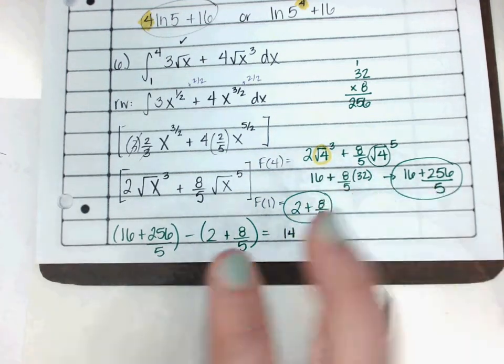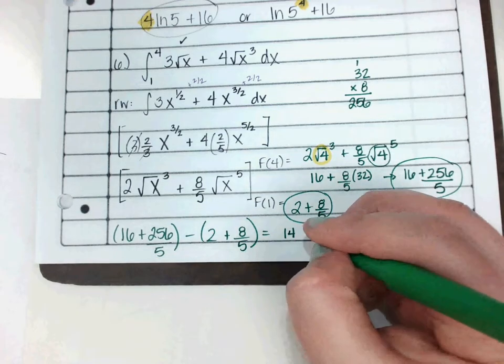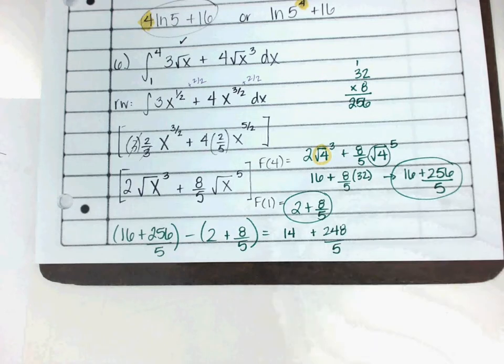And then what is 256/5 take away 8/5? 248/5. Okay?